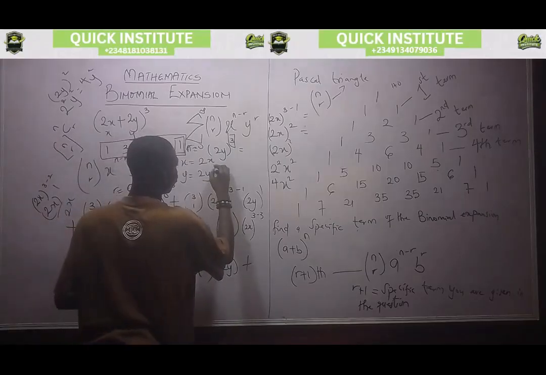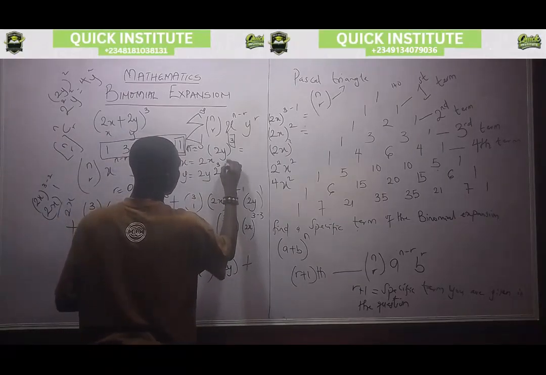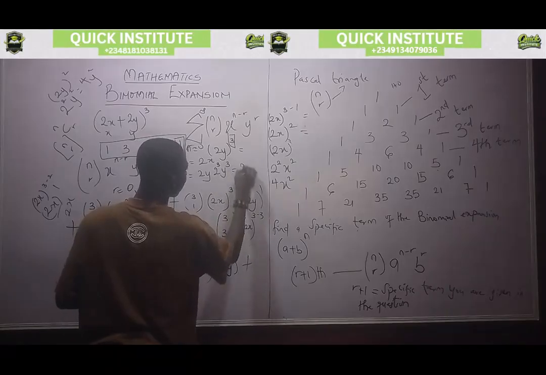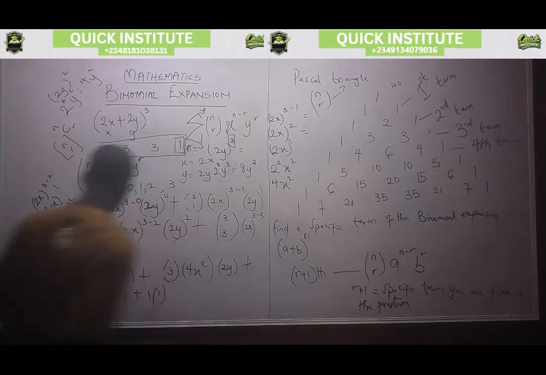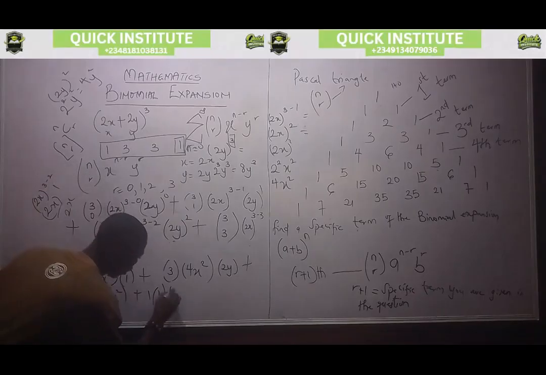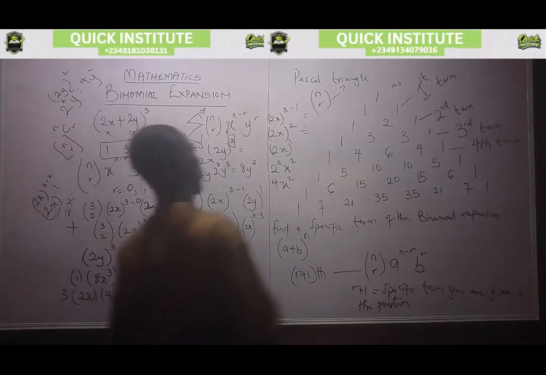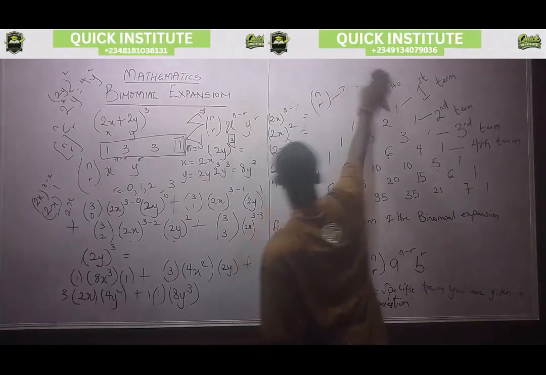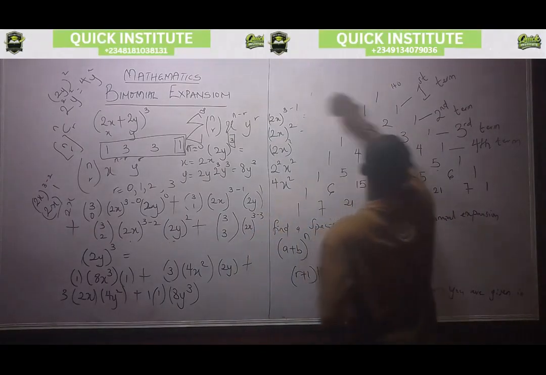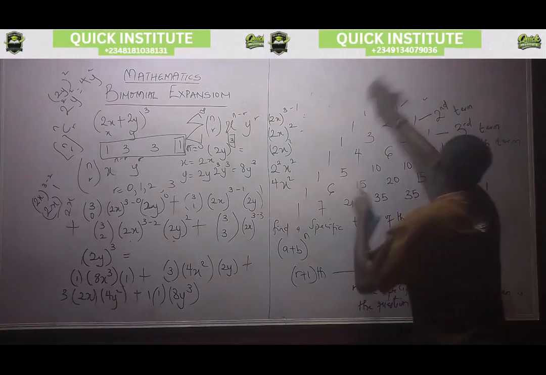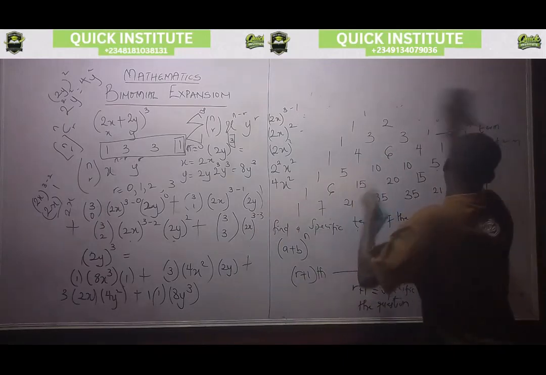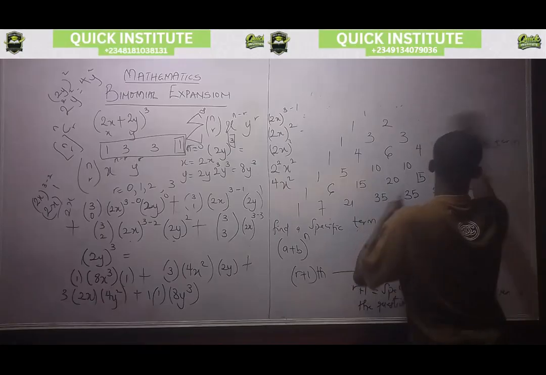So we have 2 raised to 3, y raised to 3. 2 raised to 3 is 8, so we have 8y cubed. Now, when simplified further, we'll have this solution that I'm going to write on the board.